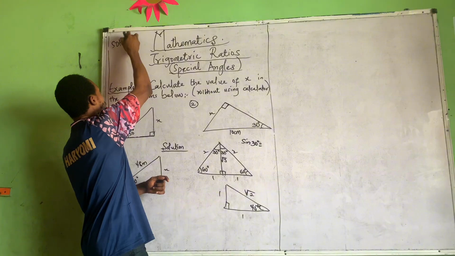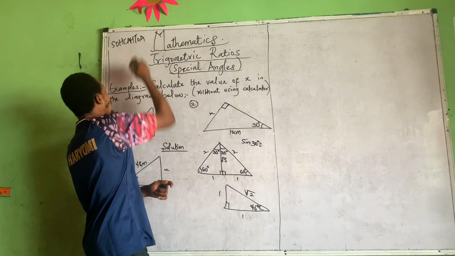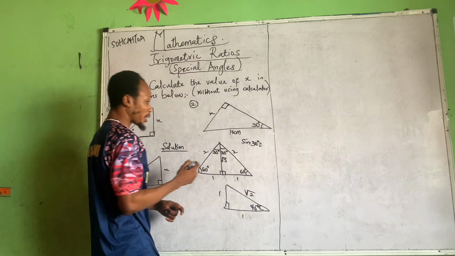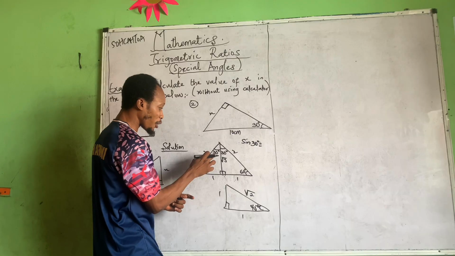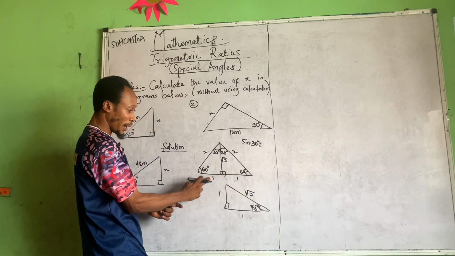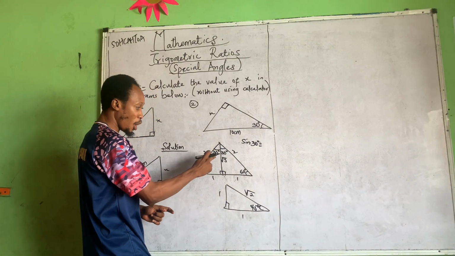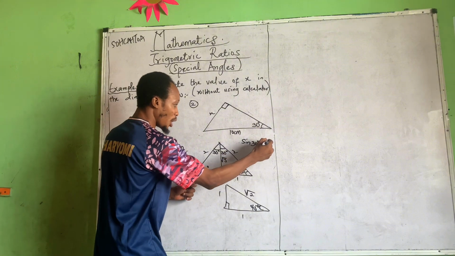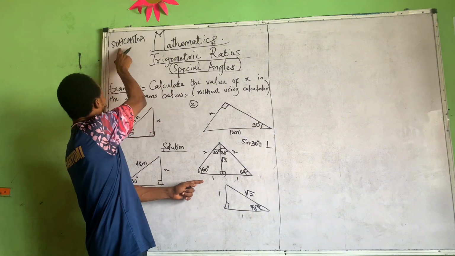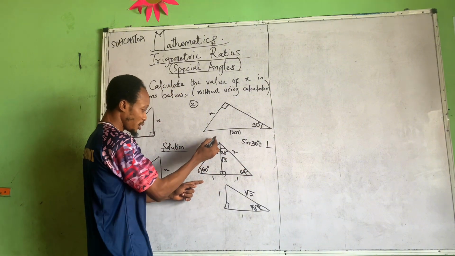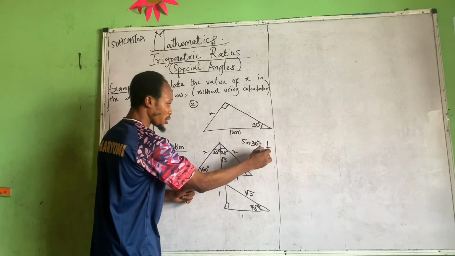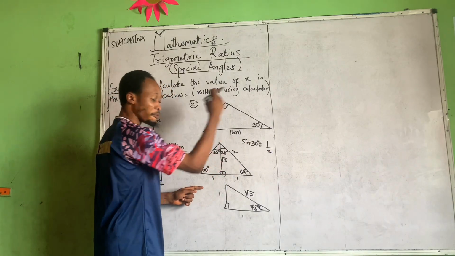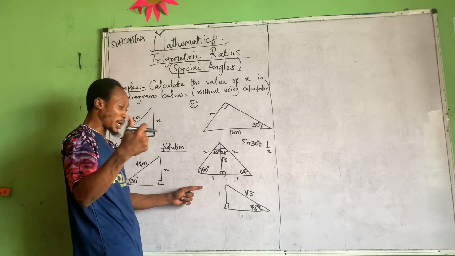Remember your SOHCAHTOA. Sine is opposite over hypotenuse. So the opposite of 30 is 1. You can see it. Opposite of 30 is 1. So that will be 1 over hypotenuse h. The one facing the right angle is what? Is 2. So sine 30 is half, 1 over 2. If you press the calculator, you get 1 over 2.